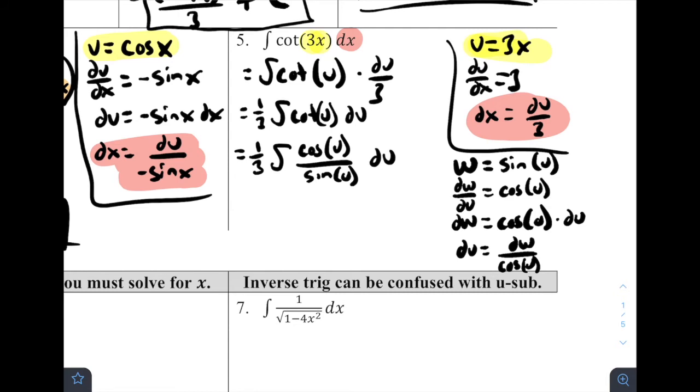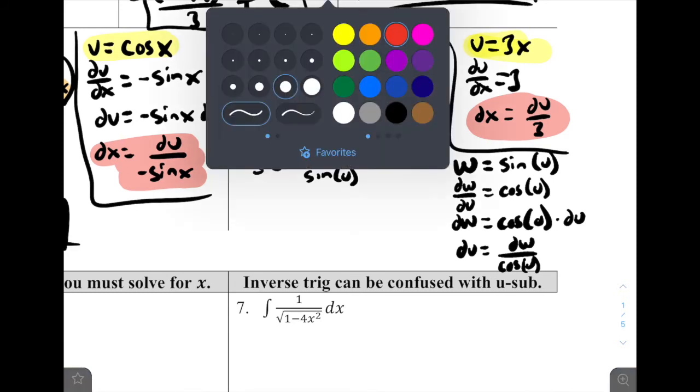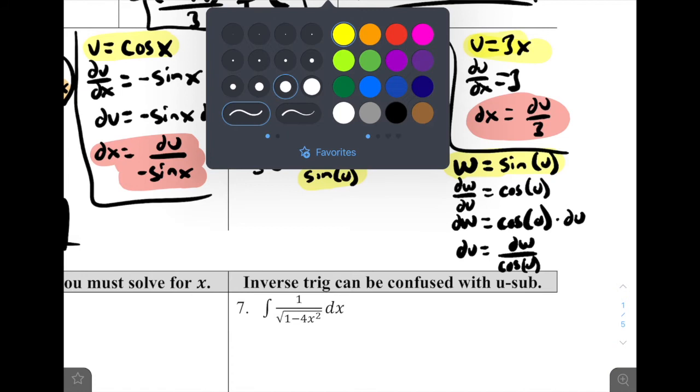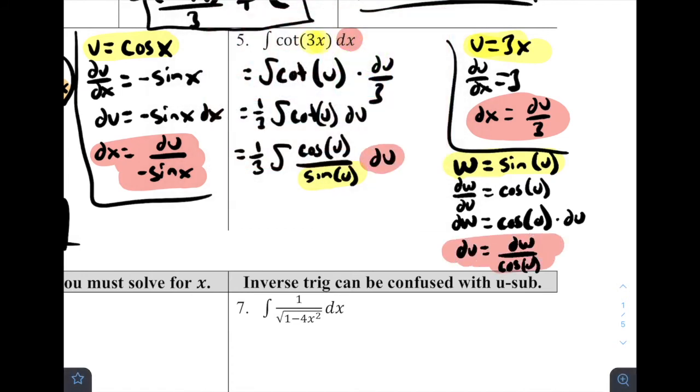So, now what? We're going to substitute in again and see how we can get this to work. Our w is going to be the sine of u, and our du is going to be dw over cosine of u. Let's see what happens. This is equal to 1/3 times the integral of cosine of u divided by w times dw over cosine of u.